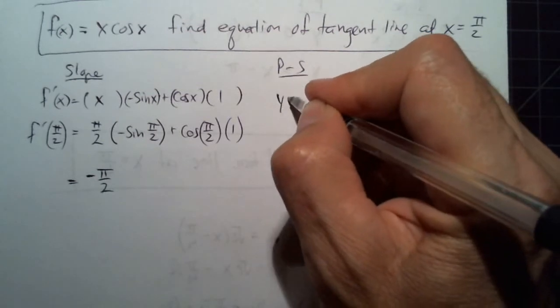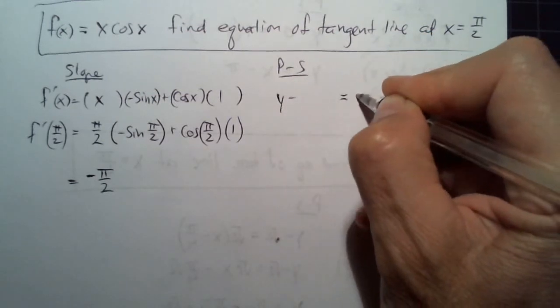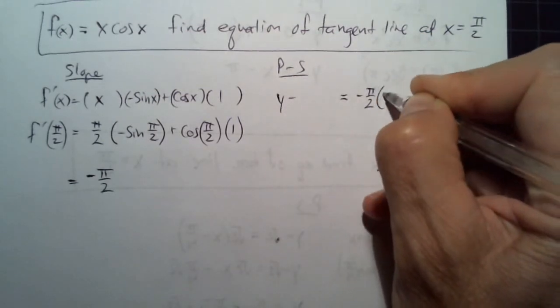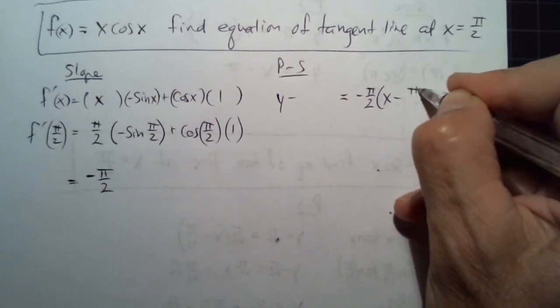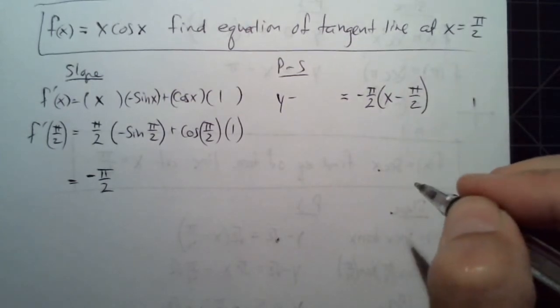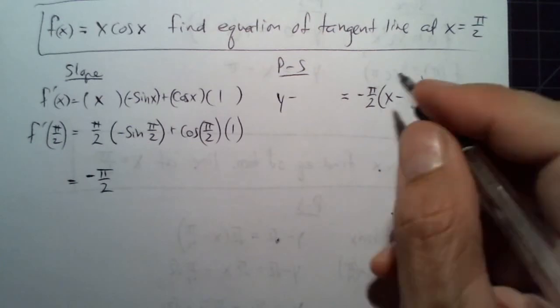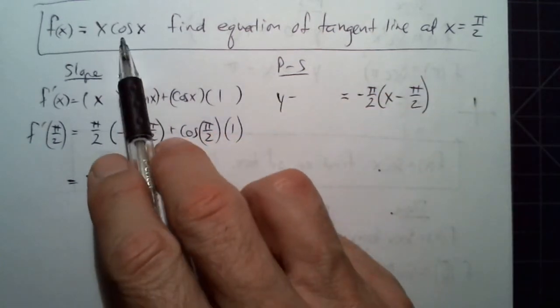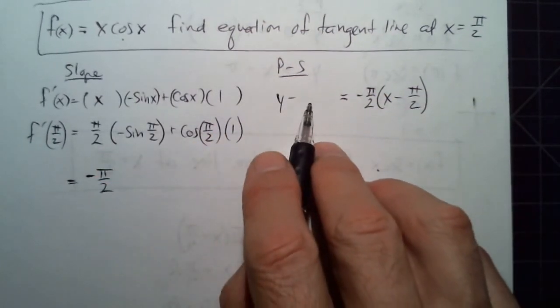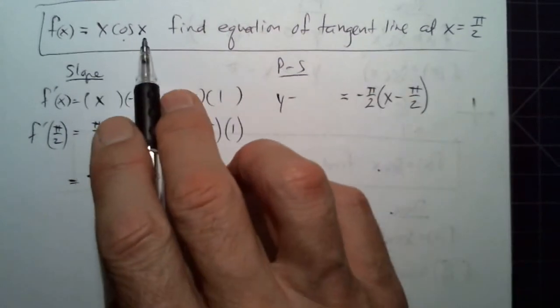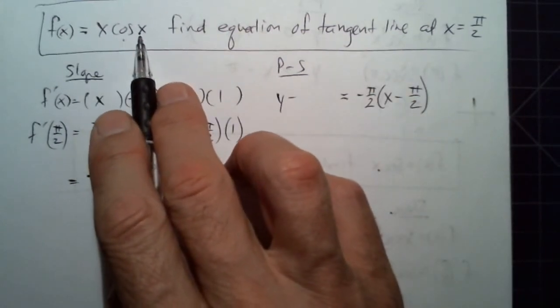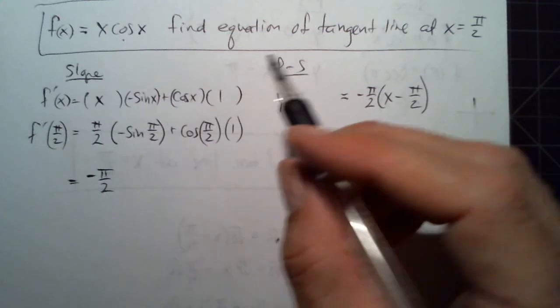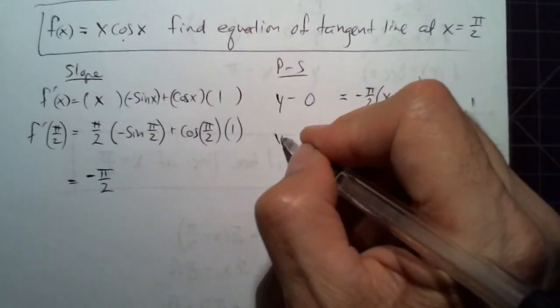Then the point slope, y minus y equals m, x minus x. And we need cosine. We want the y value at pi over 2. So put a pi over 2 there. Cosine of pi over 2 is 0 times pi over 2 is 0. And that means we're done.